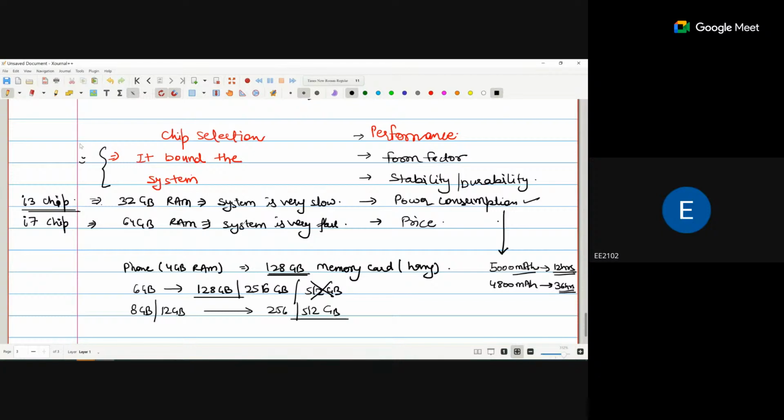You have two different mobile phones, one having a 5000 mAh battery, the second a 4800 mAh battery. This will go up to 12 hours, this will go up to 36 hours. Which will be better for you? The 4800 with 36 hours. It will last a long time.